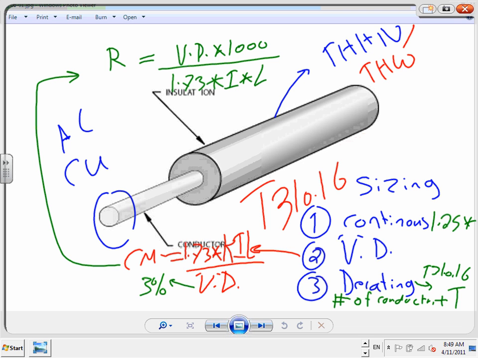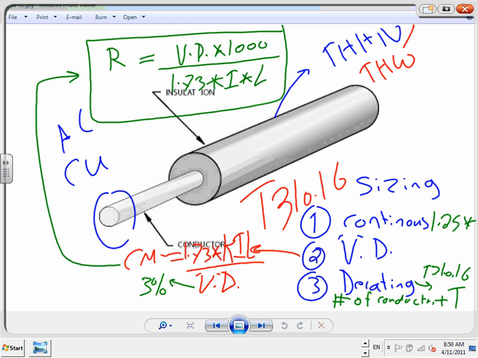This is another very interesting formula, Spencer, that we size based on voltage drop. It's R equals voltage drop multiplied by 1,000 divided by 1.73 times I L. Basically, you're finding the cross-section area of the conductor. So if I give you guys a voltage drop, it's always 3% on feeders multiplied by the voltage, divided by 1.73 I L. Everybody knows the length and the current that a conductor is going to carry. And then you find R. We will take a couple of examples about this one, guys.